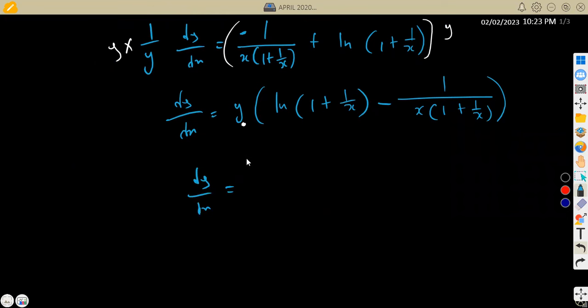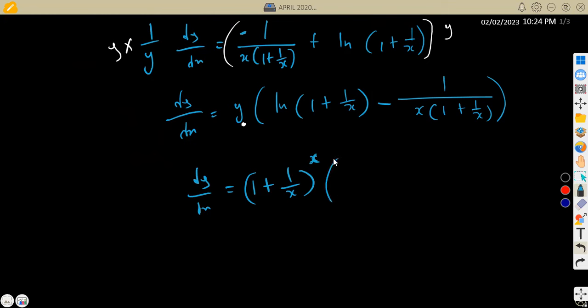dy/dx is equivalent to, we substitute that y that we're given, which was 1 plus 1 over x, to the exponent of x in this case. So that's what you're going to have from this part that you are given. We just have to substitute as it is.